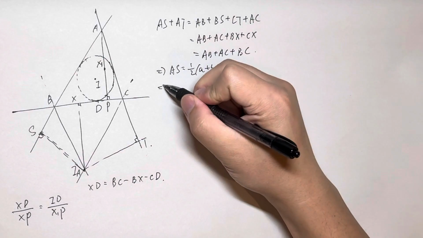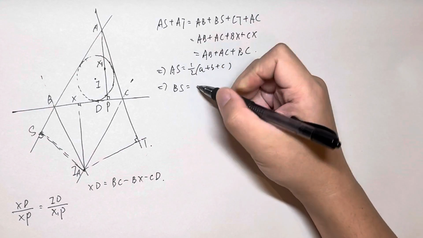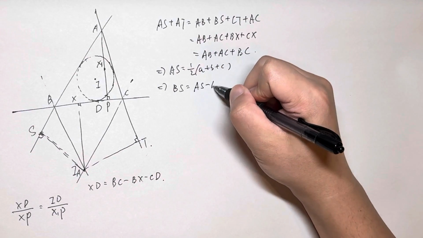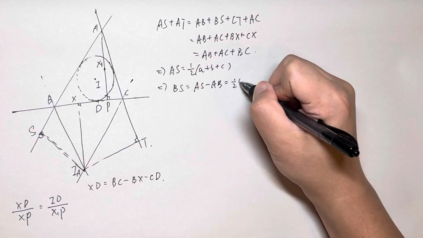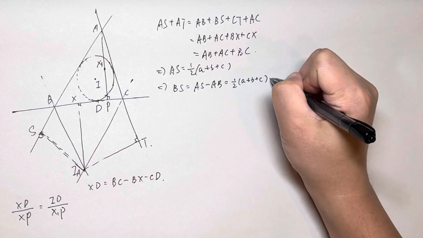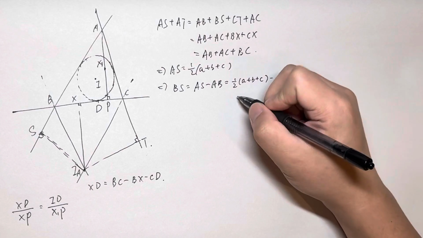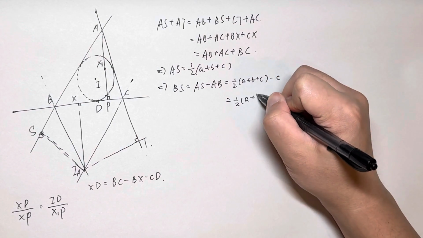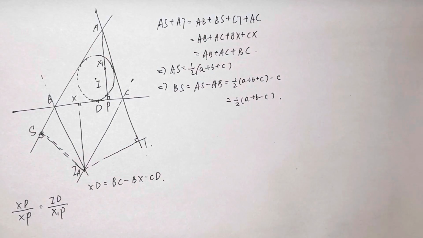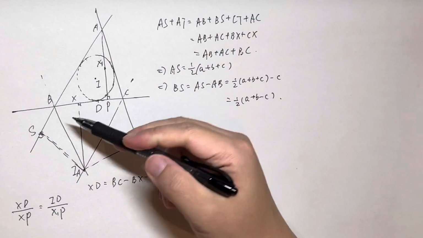Which means BS equals AS minus AB, which equals half of a plus b plus c, minus c. So it equals half of a plus b minus c. Right, that's BS.